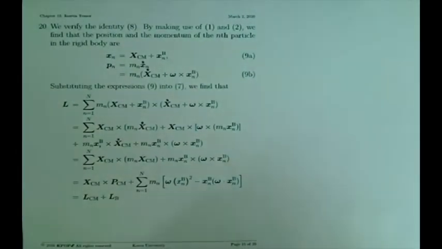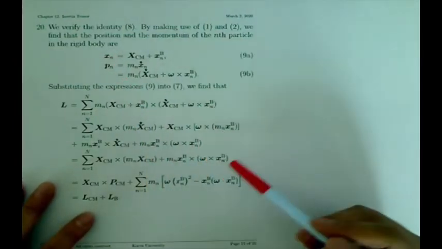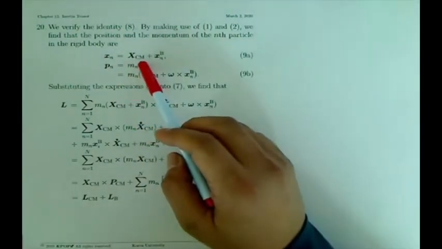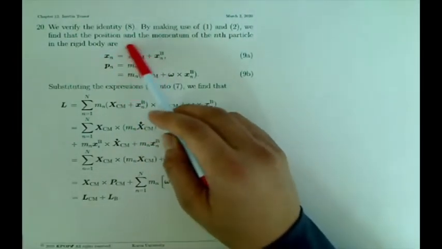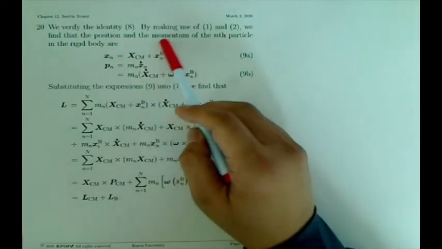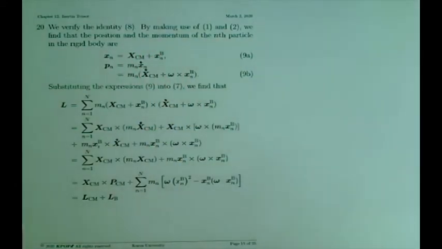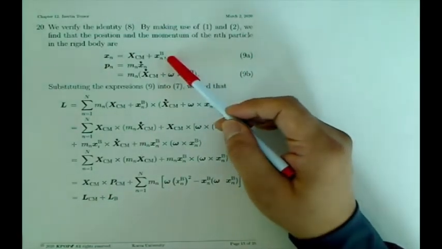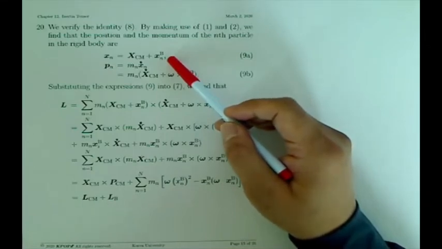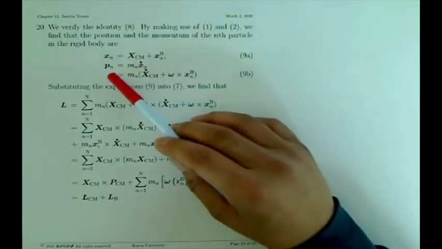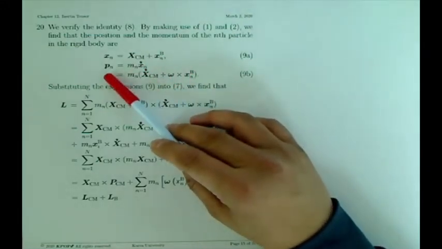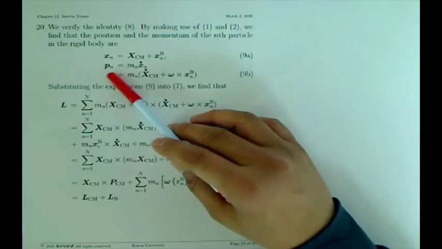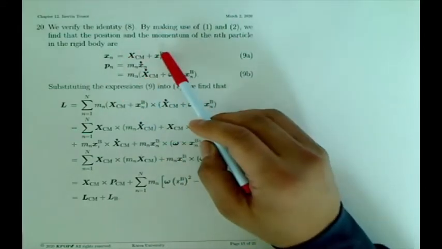The position of a particle in a rigid body can be computed by summing the center of mass position and the relative position from the center of mass. And we again make use of the body coordinate system to describe a particle inside a rigid body. The linear momentum of a particle can be computed by taking the time derivative of these two.